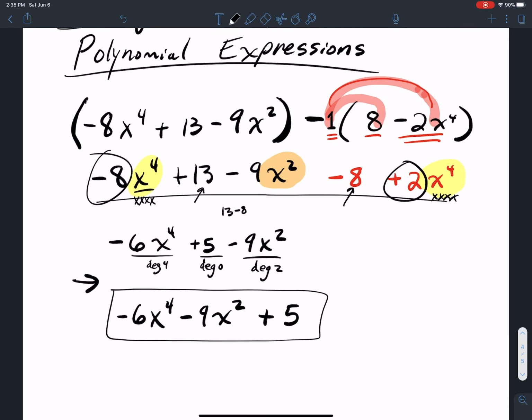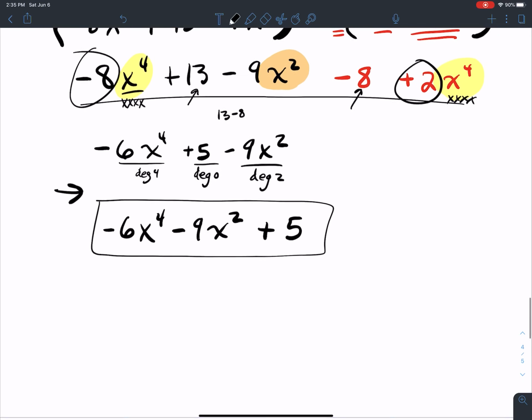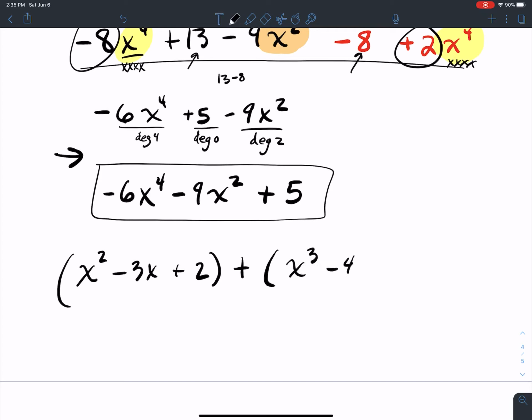All right, so that's kind of adding and subtracting in one problem. I guess we could make up one. So like x squared minus 3x plus 2, and then plus x cubed minus 4x squared plus 5.